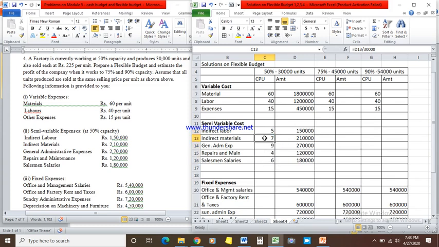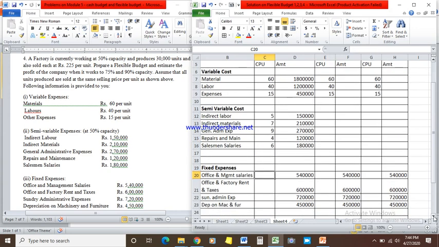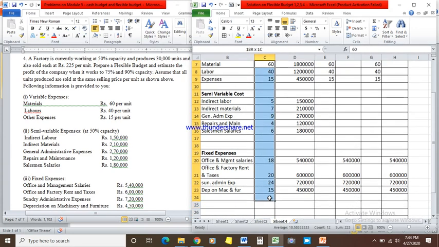So 2,10,000 divided by 30,000, then 2,70,000 divided by 30,000. Like this, we get the semi-variable cost per unit. Now fixed expenses, the total amount remains the same, but to calculate per unit, we again divide by 30,000. So we divide all the fixed expenses by 30,000 to get per unit. When I take the addition of all this, I get what is known as the total cost. This is the per unit cost.